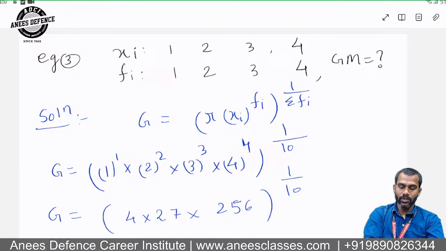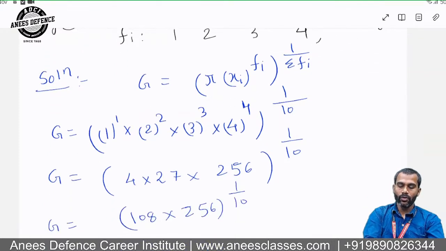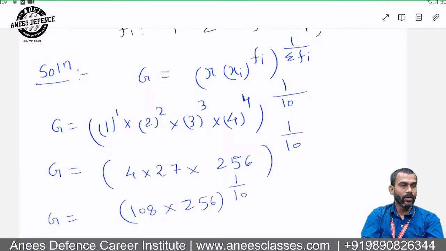So G is equal to 27 into 4, which is 108. 27 double of 27 is 54, double of 54 is 108. So 108 into 256 whole power 1 by 10. Yes or no? Is there any doubt?